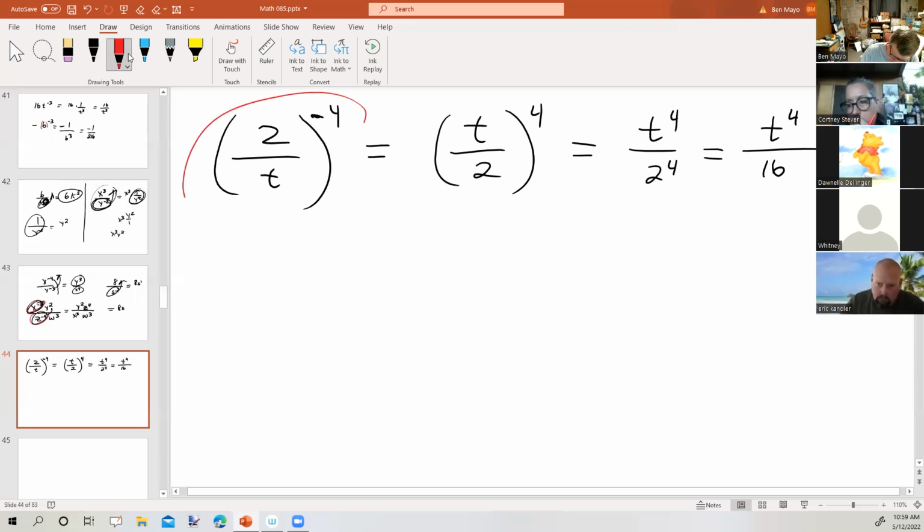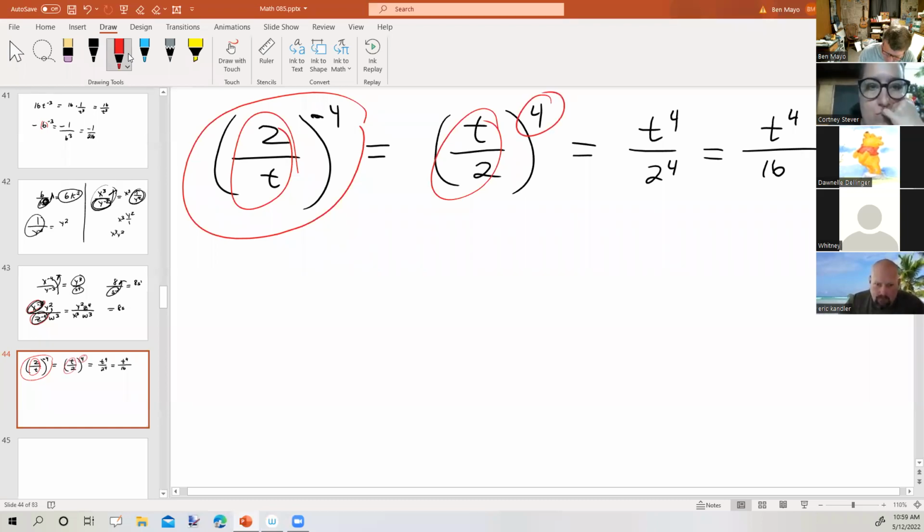So this, we take the reciprocal of the base and it changes the sign of the exponent. Then we've got a quotient raised to a power. So we attach the power to the numerator and the denominator, and then 2 to the 4th power we can multiply out.